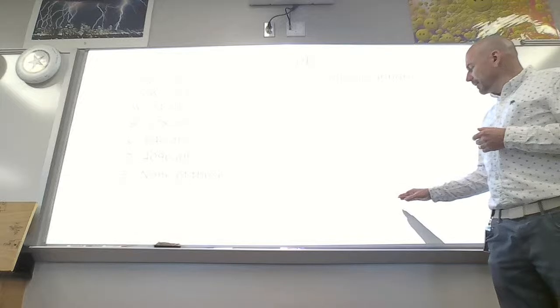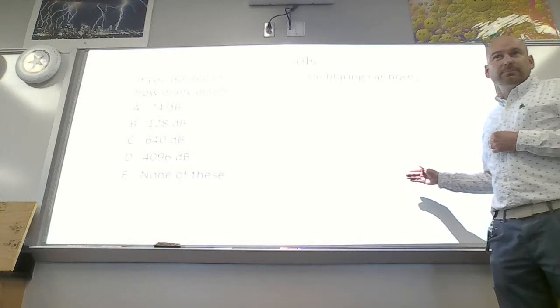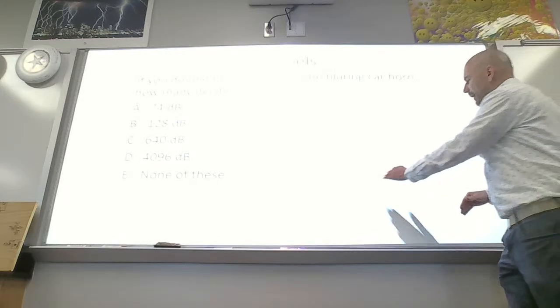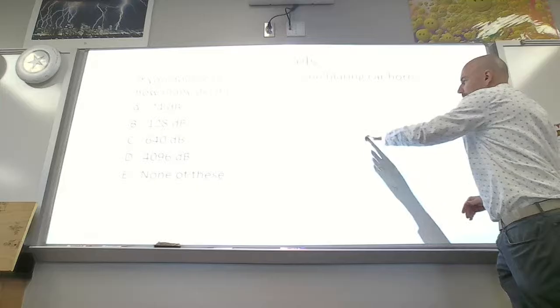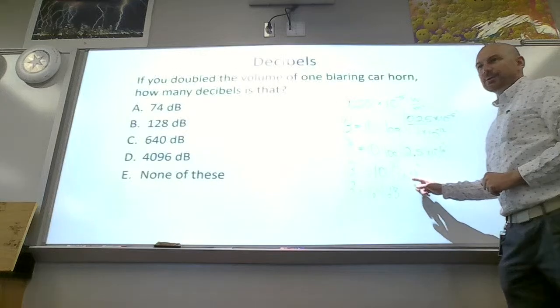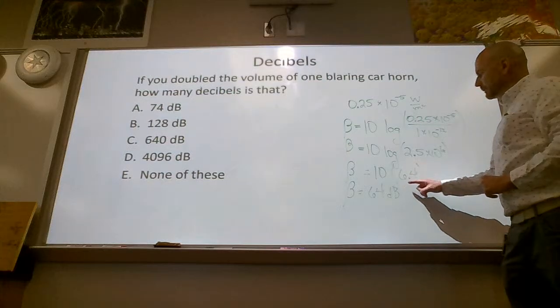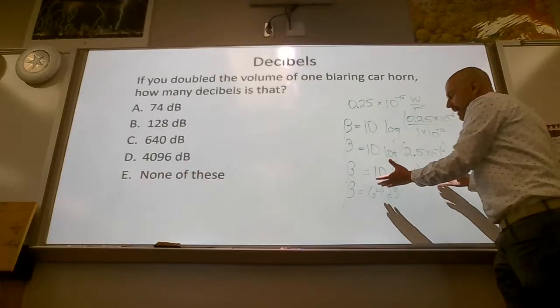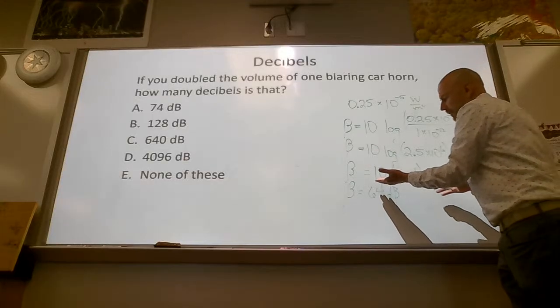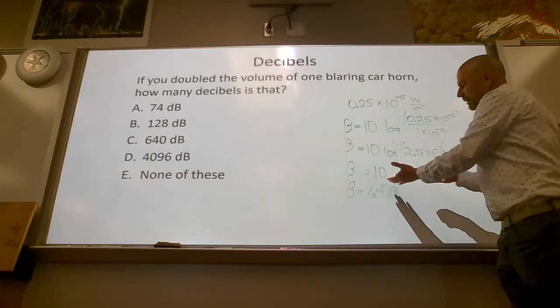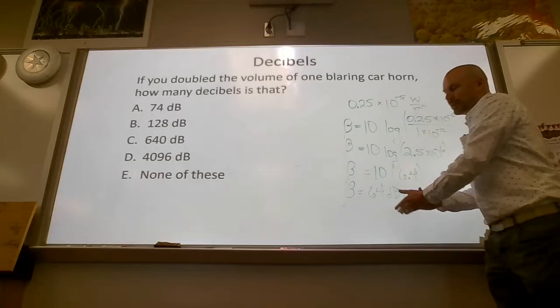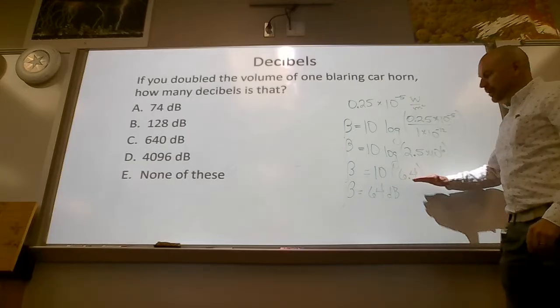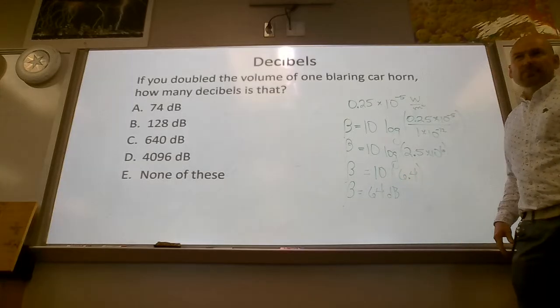A decibel is a tenth of a bell. So if we got rid of this 10 in this equation, this would be how many bells. So when we add 1, that would be multiplying by 10. But we like it in decibels, so we multiply that to convert it from bells to decibels. So this is your actual logarithmic scale.